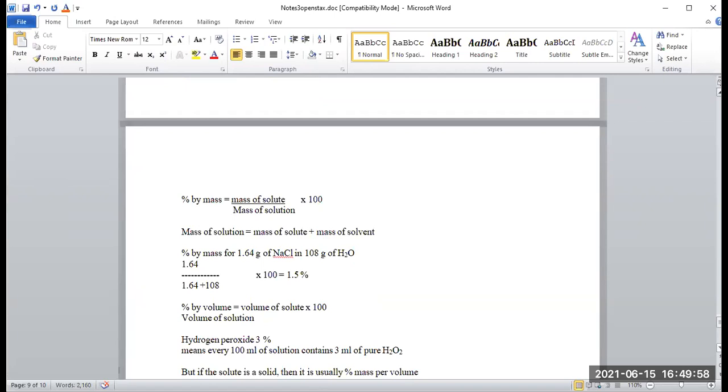If you buy cleaning products and you read the label on the back, a lot of times it will tell you how much ammonia, how much sodium hypochlorite, how much of other chemicals are in there as a percentage. So if I was doing percent by mass, I'm doing the solute on the top.